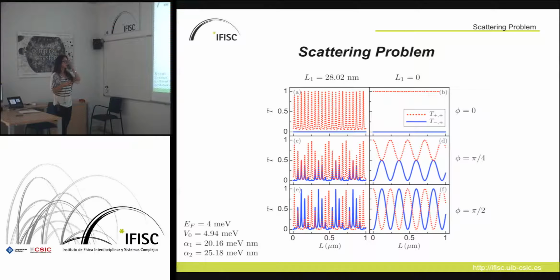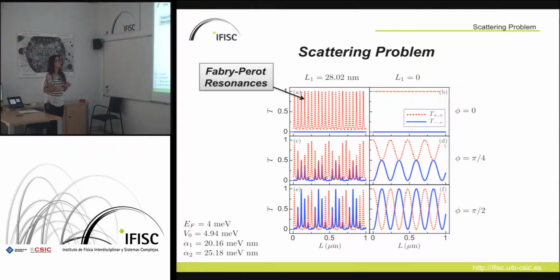These resonances are due to the fact that, if we increase the length of the central region, new internal modes appear, and when the incident Fermi energy is in resonance with one of these new modes, the probability transmission is maximal. This is also another property of the Fabry-Perot resonances.